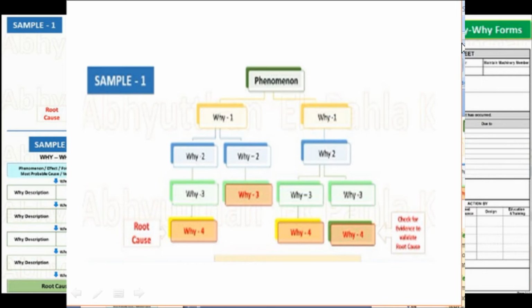When you have found this, go to the next level, the third why. There you go to the particular station where you have a particular problem, look at the scenario, and see what may be the cause of the problem.